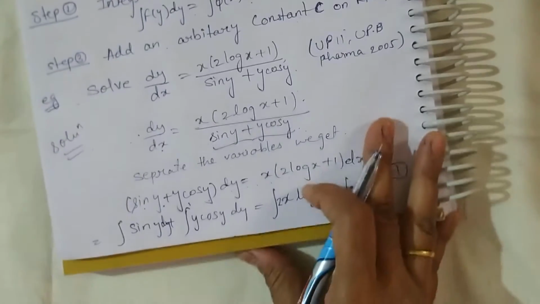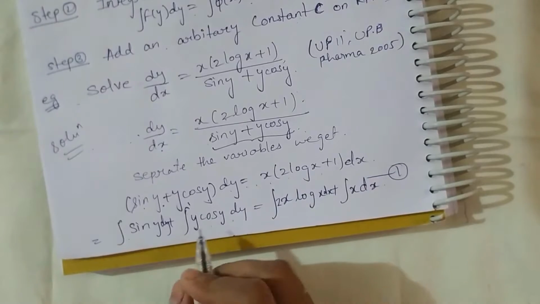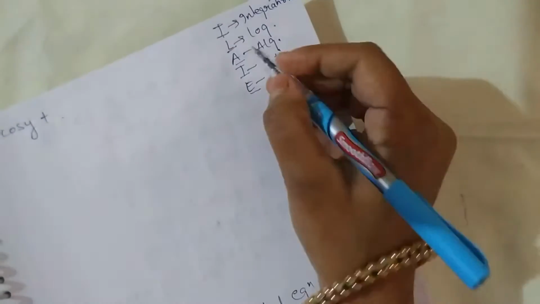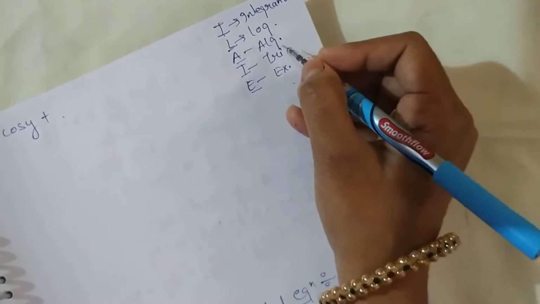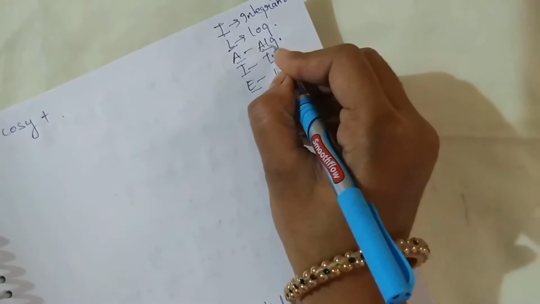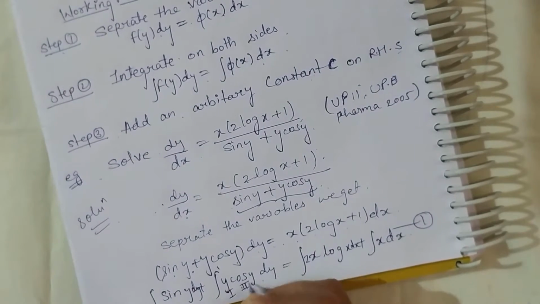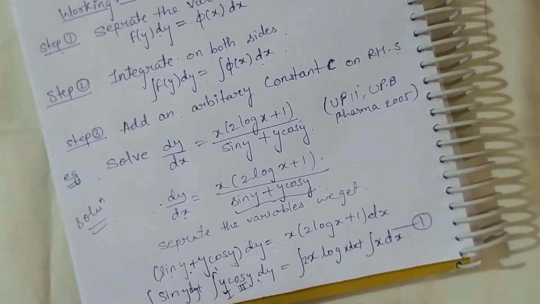Here we have two terms, y and cos y. We give first preference to which function? According to this, we give first preference to the algebraic function, then the trigonometric function. Therefore our first function is y and the second is cos y. Now we apply integration by parts here.